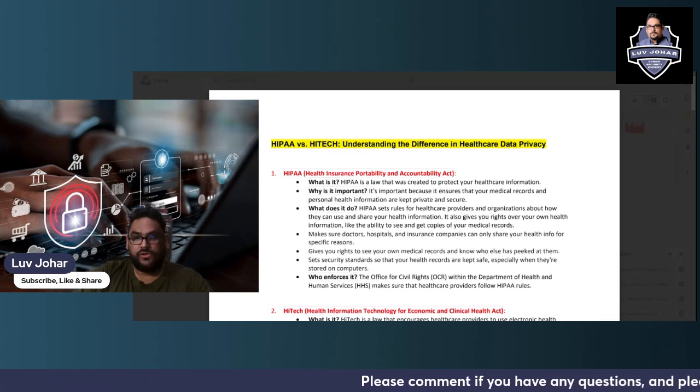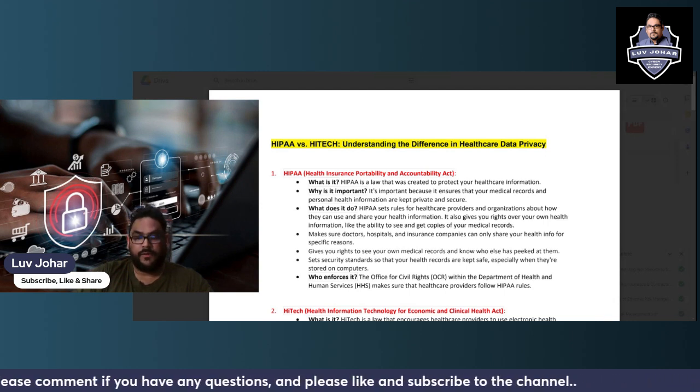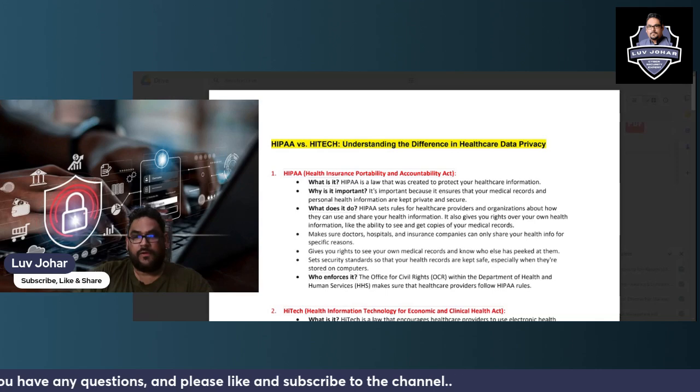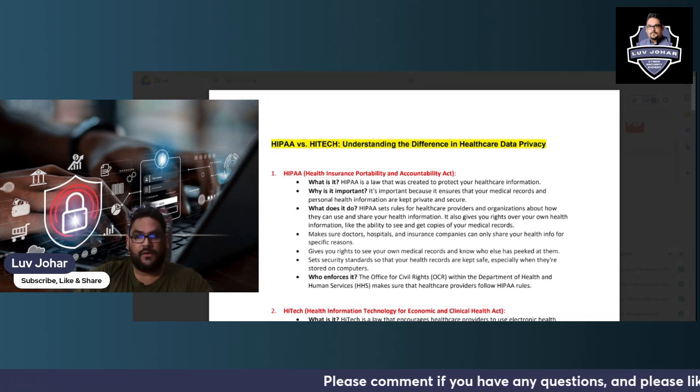Okay, it also gives you rights over your own health information. For example, you can see copies of your medical records, and you can also ask for them. Okay, and you have to make sure that doctors, hospitals, and insurance companies can only share your health information for specific reasons.